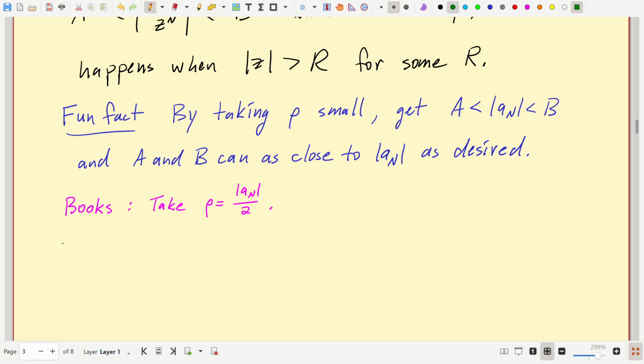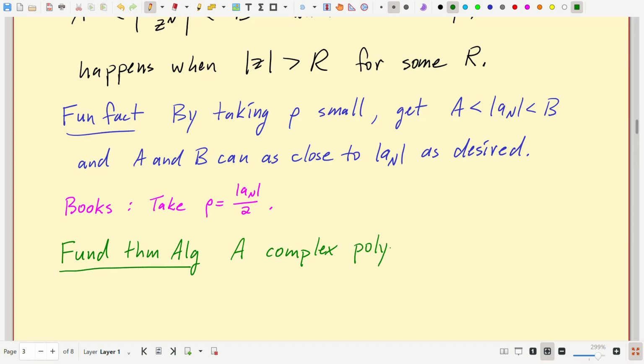Okay, this is kind of a drum roll moment, because now I'm going to demonstrate the fundamental theorem of algebra. And that's going to demonstrate the utility of complex analysis. So one way to say it is that a complex polynomial of degree n bigger than or equal to 1 has a root in the complex plane.